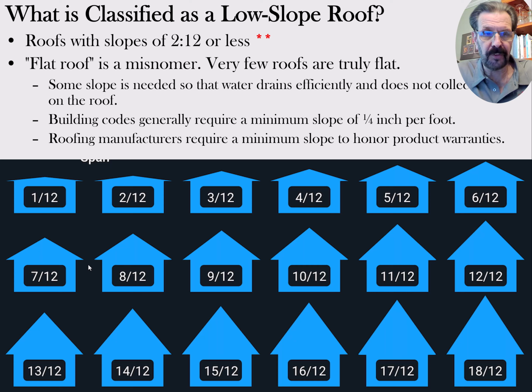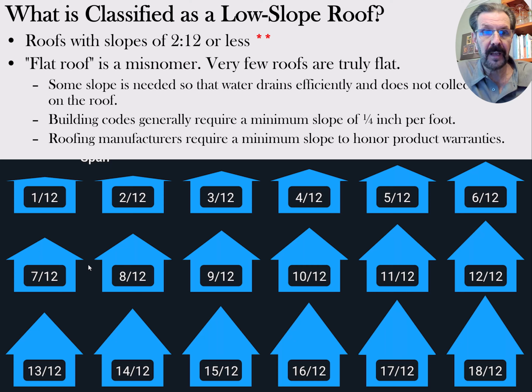Probably one of the most successful choices there might be a sheet metal roof if it's rigid enough steel, because even walking on a sheet metal roof could damage it enough to create puddles, unless it's thick enough gauge of metal. And then roofing manufacturers typically have a minimum slope requirement, and they will specify that on the roofing specifications to honor their product warranties.